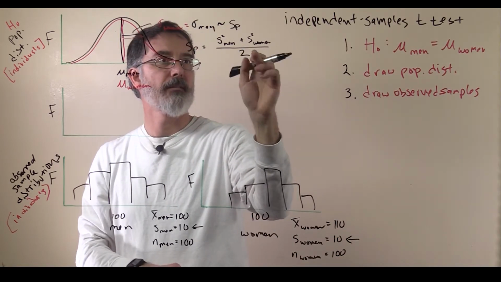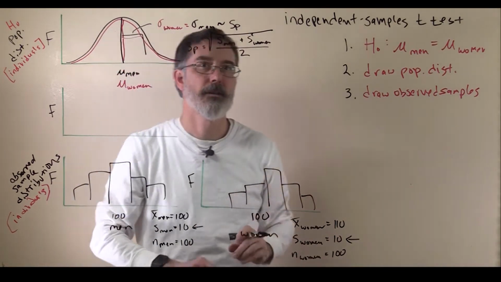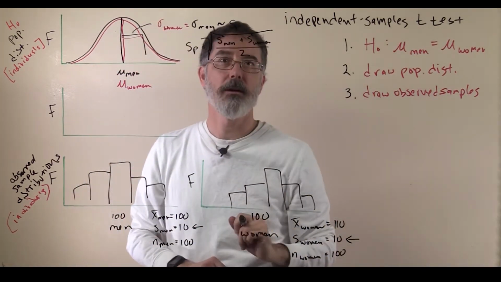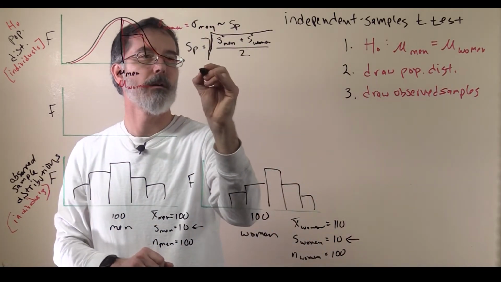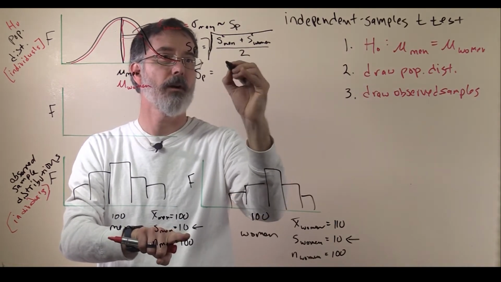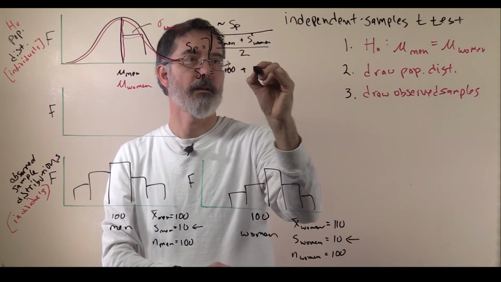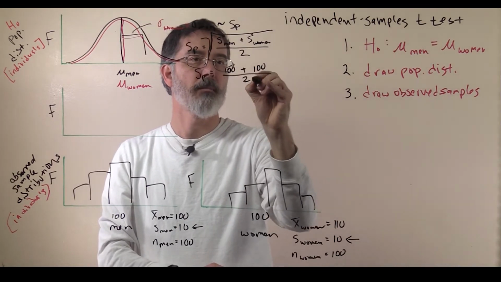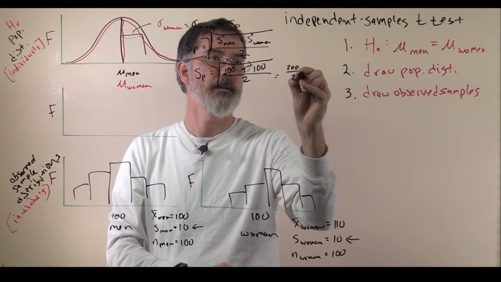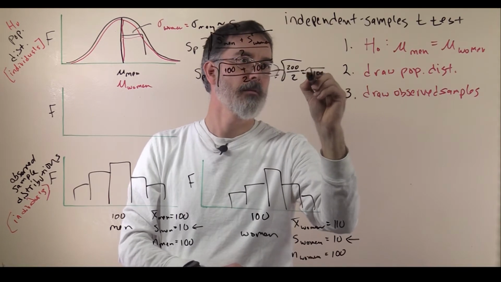That would give us the average variance, but we need a standard deviation, so we're going to take the square root of that to go from variances back to standard deviations. So this whole thing is under the square root here. So our S pooled for men is 10 squared is 100, plus for women it's 10 squared is 100, divided by 2, square root. 200 divided by 2, square root. 200 divided by 2 is 100, square root.